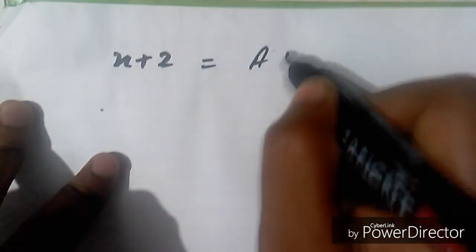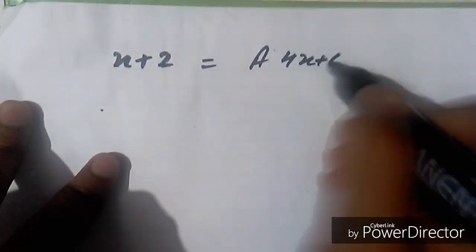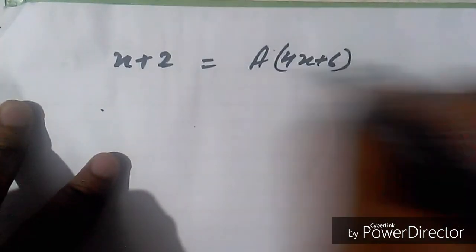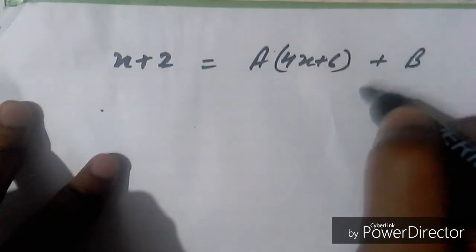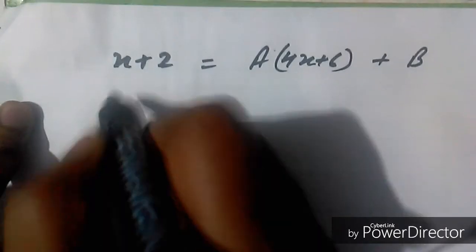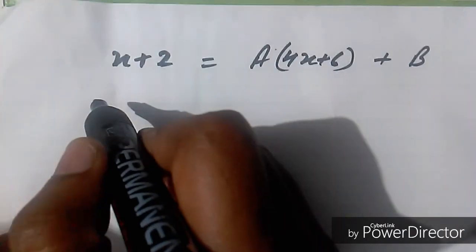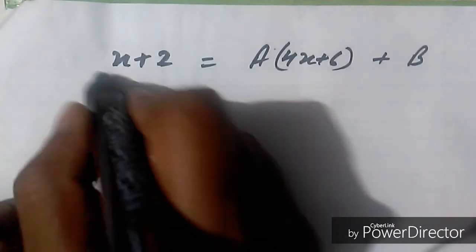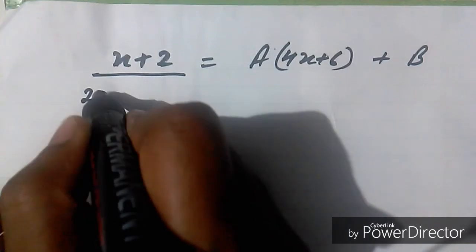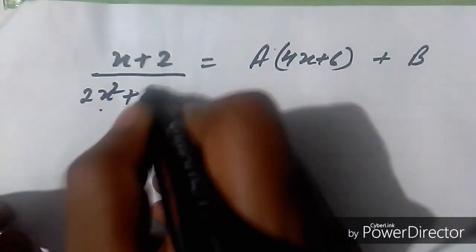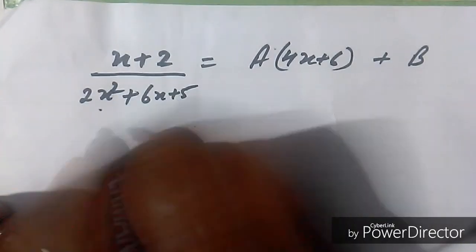In the beginning we found x plus 2 is a times (4x plus 6) plus b. Friends, now in the first equation we find the integration of 2x square plus 6x plus 5.